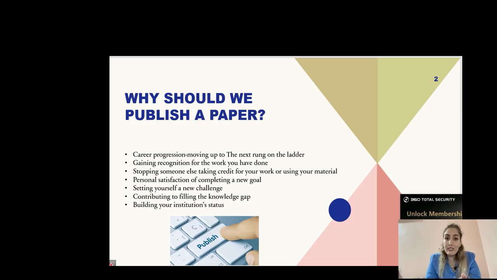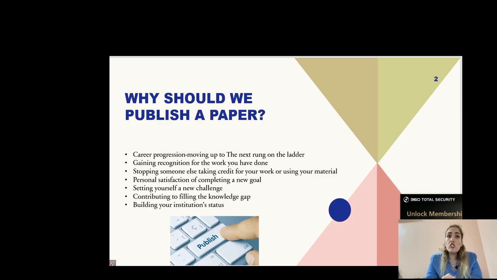The whole world can use your knowledge and findings, and you build your institution's status and your academic status, which is very satisfying.